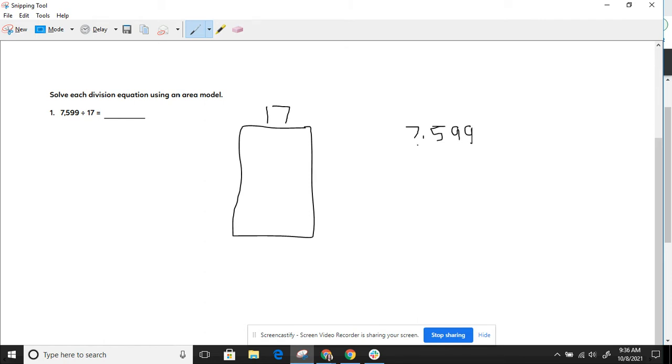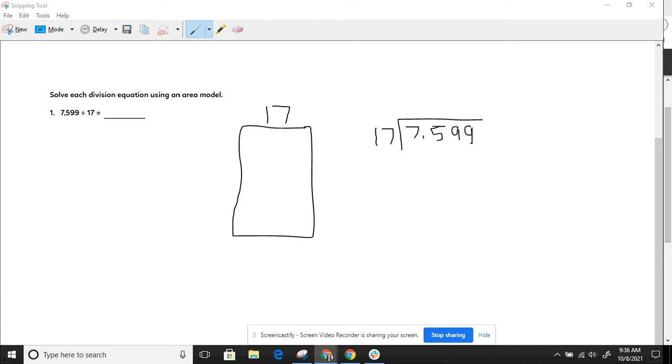I'm going to write it out so it's almost looking like long division, but we're going to do most of our work here in our rectangle. So there's step 1: setting up the problem by drawing a rectangle, putting the divisor at the top, and setting up our problem on the right.